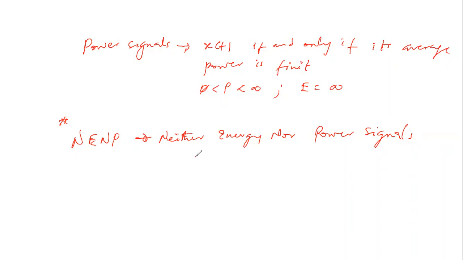So in other words, the energy value must not necessarily be within this range, and the power value must not necessarily be within this range. So we now say such signals are neither energy nor power signals.